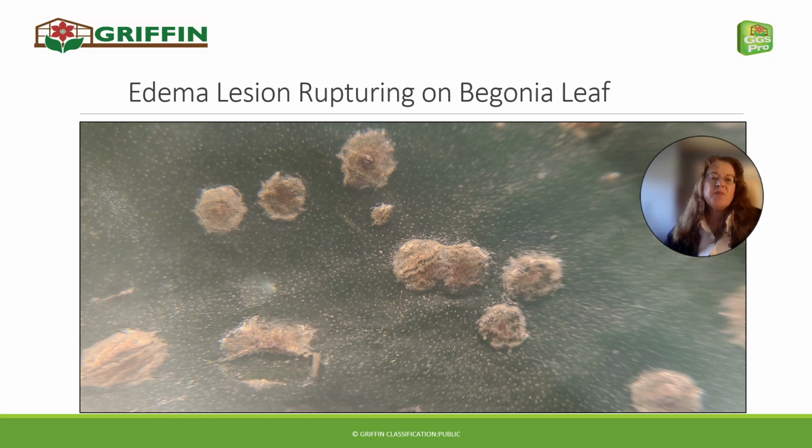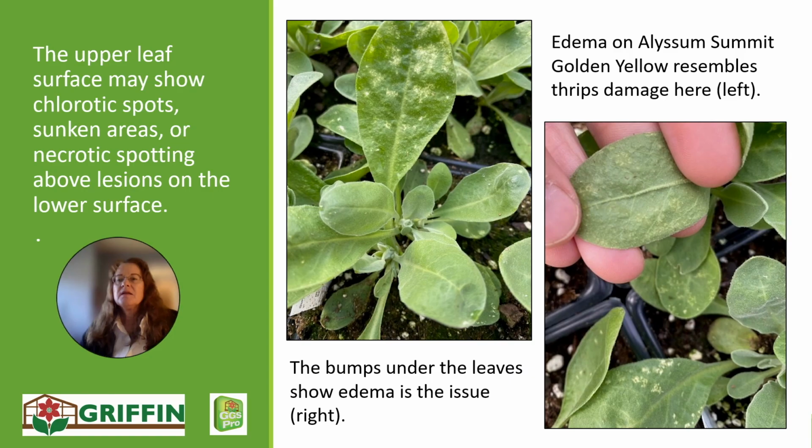Those lesions look like this. This is on the back of a begonia leaf. You see that they swell up. The tissue expands so much it basically dies. At the very far left, you see it cracking open, and then one of those lesions that has cracked open there. I mentioned that the upper leaf surface can show effects.